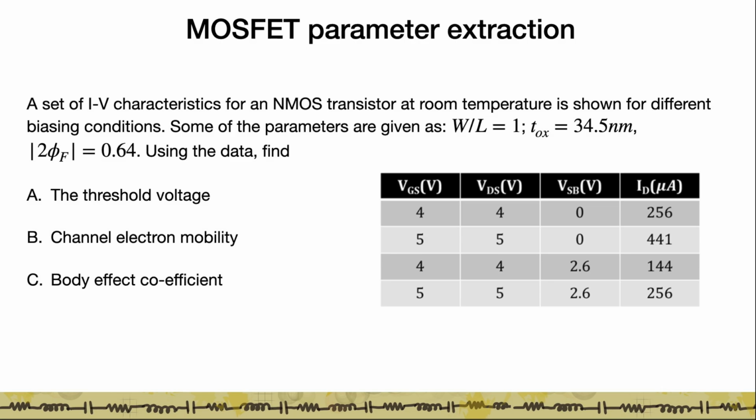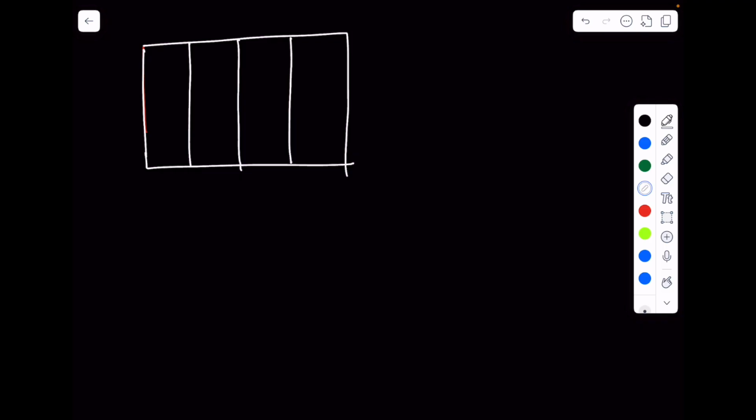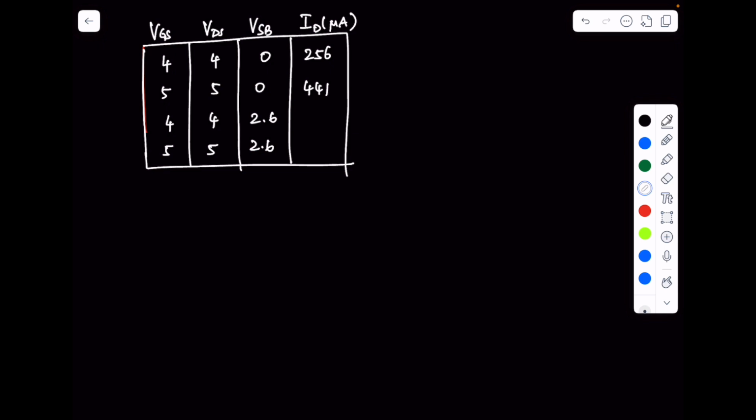So let's replicate the table here. So I have VGS, VDS, VSB, and I have ID in microamps. 4, 5, 4, 5, 0, 0, 2.6, 2.6, 256, 441, 144, 256.